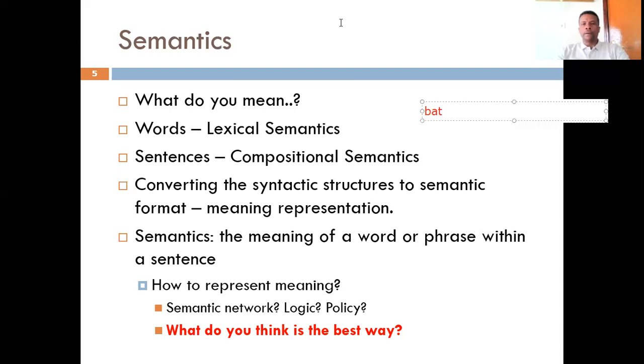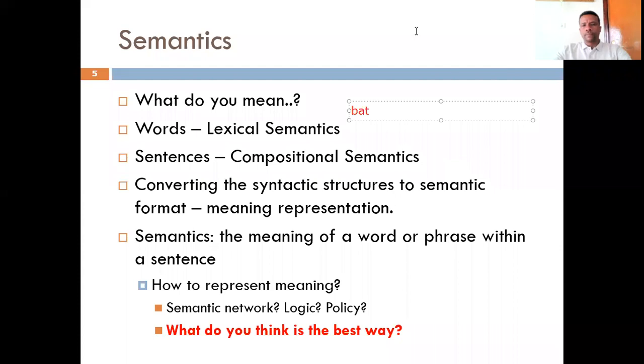What do you understand from this word? Fakada. What do you understand from this word? It's a noun. What is the meaning?